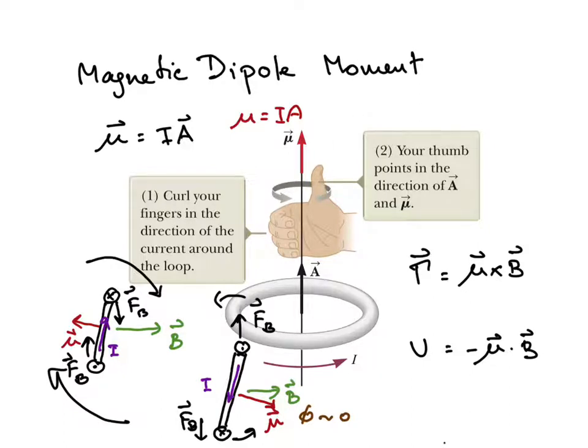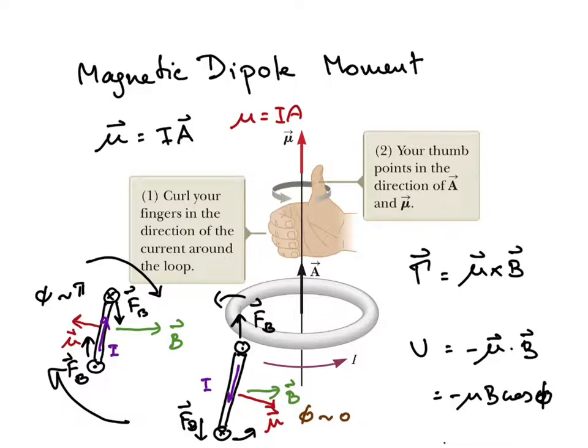So from this relation, we have that U is equal to minus mu B cos theta. In this case it's phi. So when phi is small, cos phi is approximately equal to 1, so U is equal to minus mu B. But in this case, you can see that phi is approximately equal to pi, right?